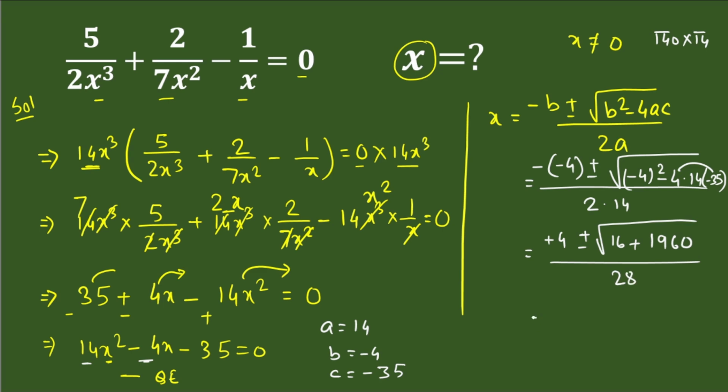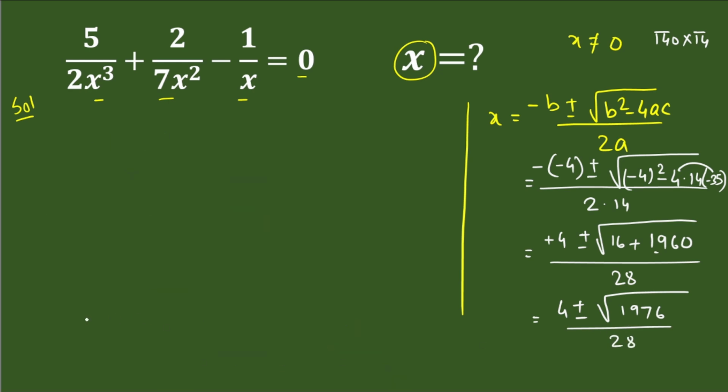Now we'll simplify this. It is 4 plus minus square root of 16 plus 1960, which is 1976, divided by 28. Now we can write square root 1976 as square root 4 multiplied by square root 494, right? 4 times 494 is 1976.